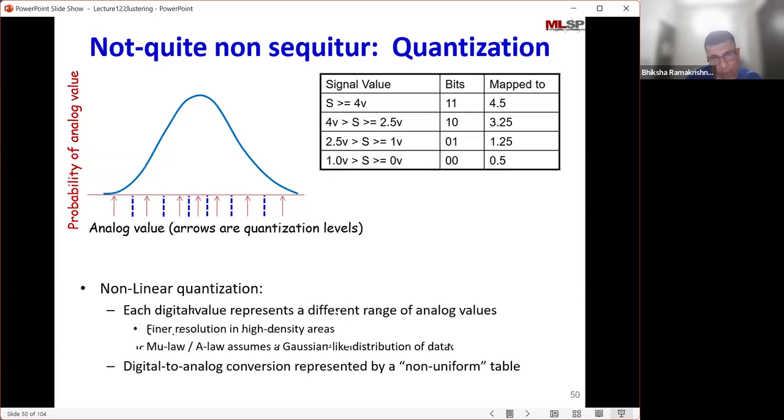So over here, what would happen is that the frequently seen values are going to have lower error. In exchange, you're going to have higher error on infrequently seen values, but because they are rare, they don't really show up very frequently. So on average, this would have lower error.